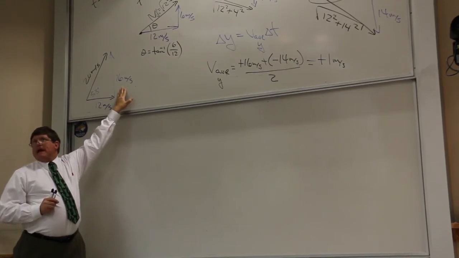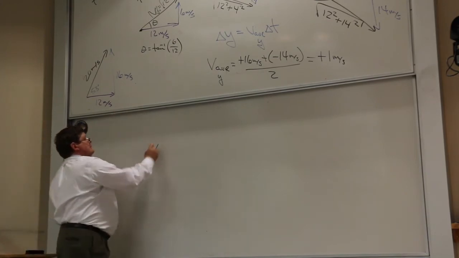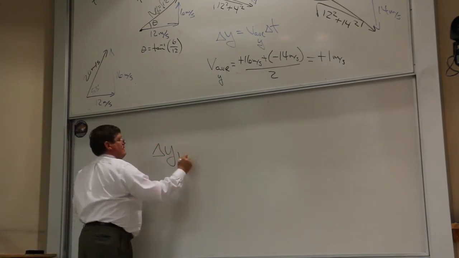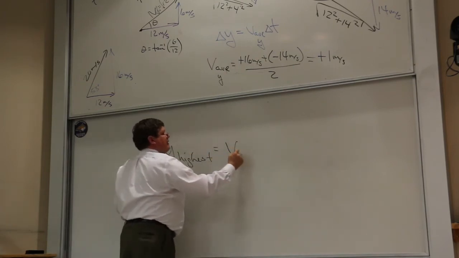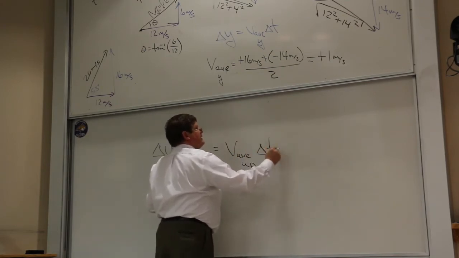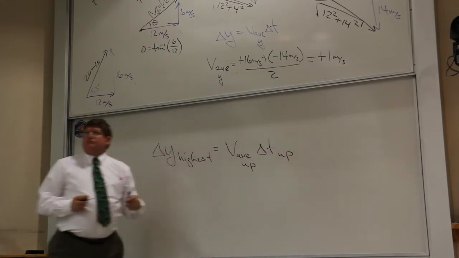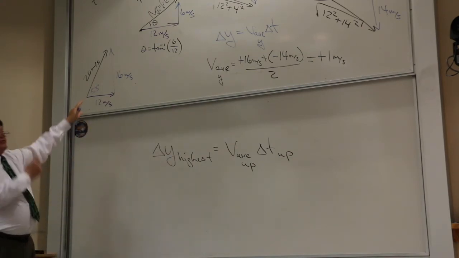And if I wanted to know how high it goes at its highest point, that would be the V average up times the delta T up. Well, going up, it starts with 16 and it ends with 0.